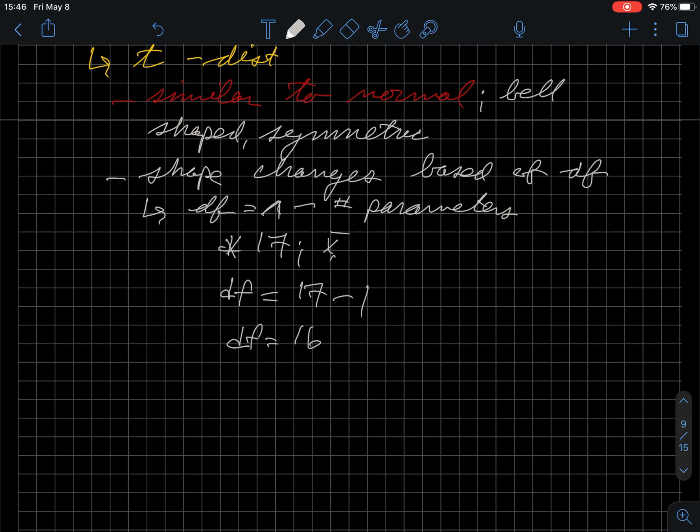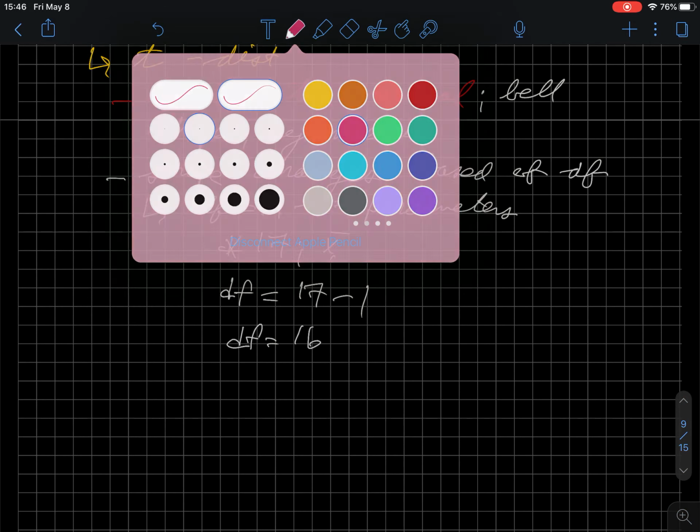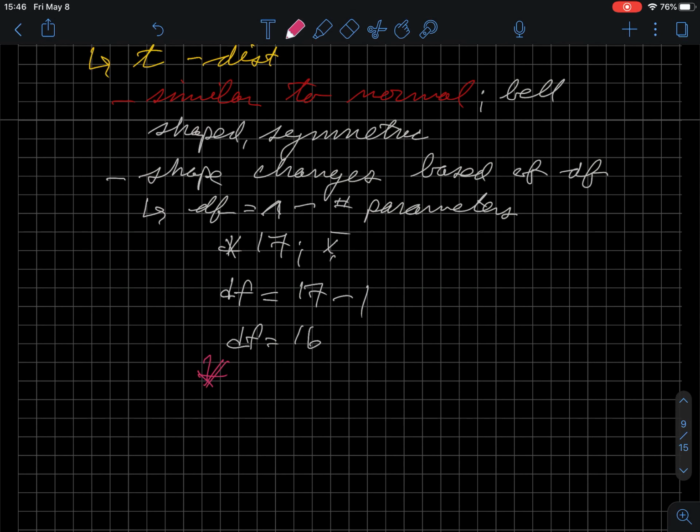So this might seem trivial, but this is super useful and necessary for looking up a t table in the back, looking at the t distribution table. So hold on to that idea, right? I don't know that we're going to walk through a table, but that's something that you should be familiar with and know.